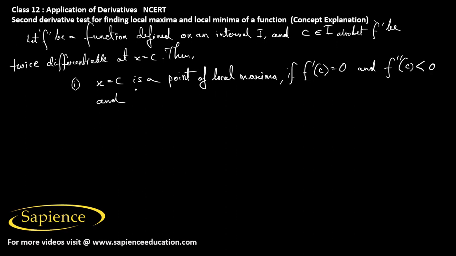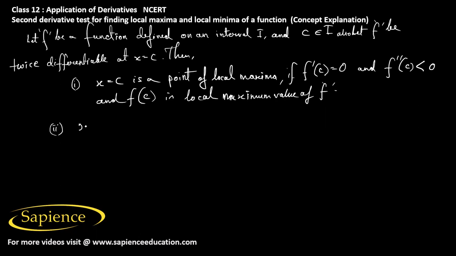And then the value of the function at c, f of c, is called the local maximum value of the function f.